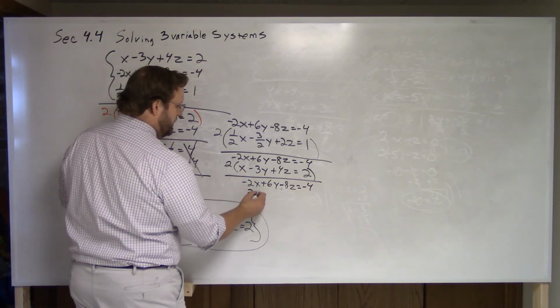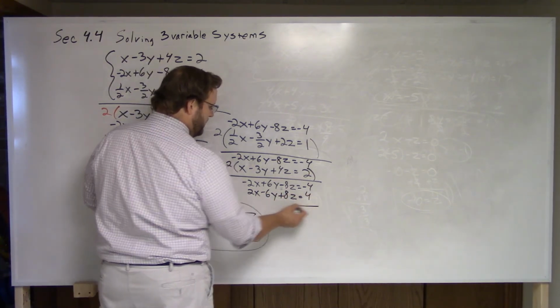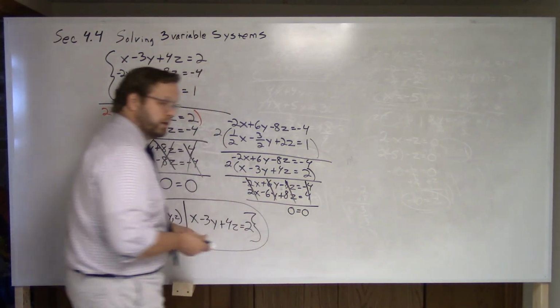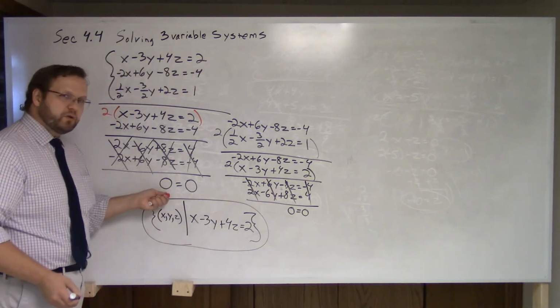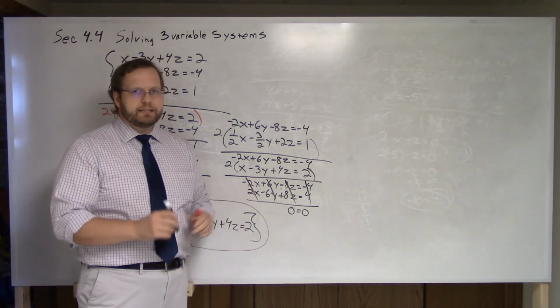And I get 2x minus 6y plus 8z equals 4. And as you can see, you again get a 0 equals 0. So if you get a 0 equals 0 here, you should get the same thing here. So if you want to do both just to verify, that's not a bad idea.